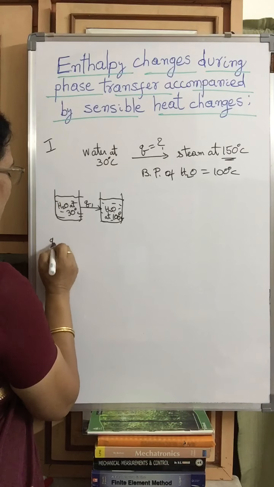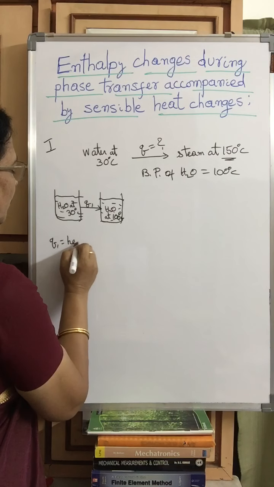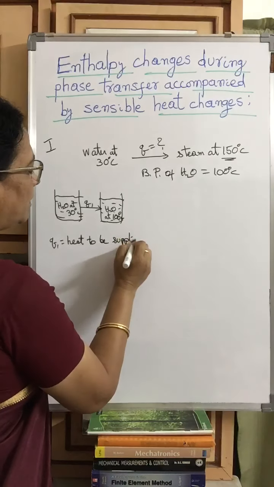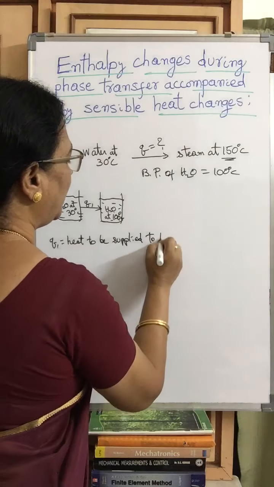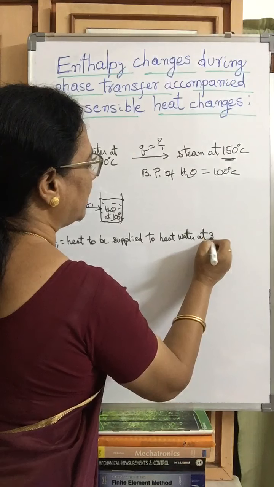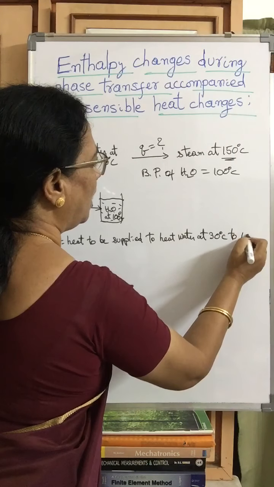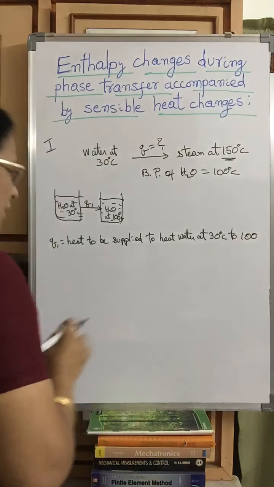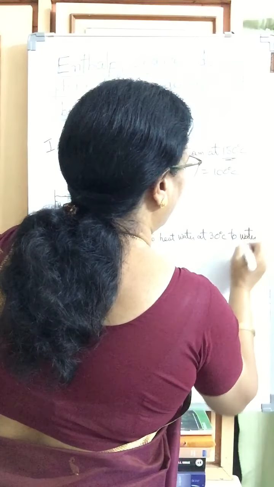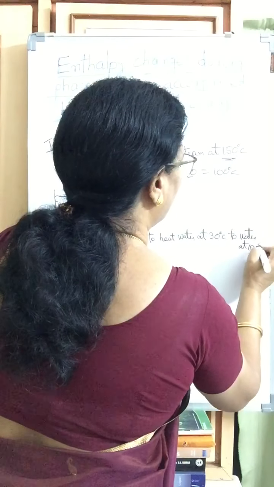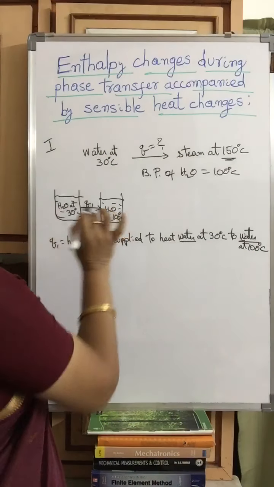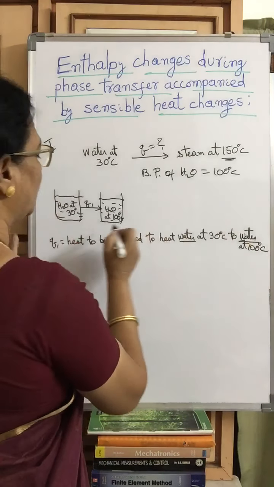So Q1 is equal to heat to be supplied to heat water at 30 degrees centigrade to water at 100 degrees centigrade. This is also water, this is also water. This is Q1.